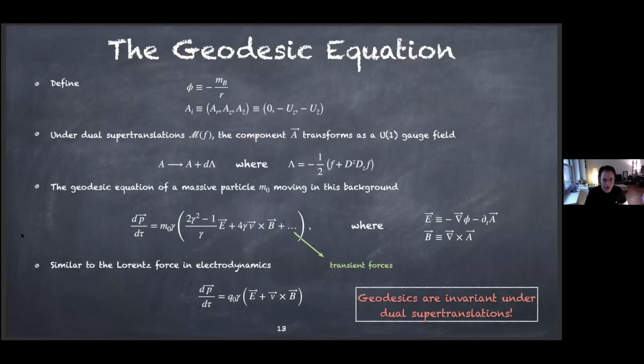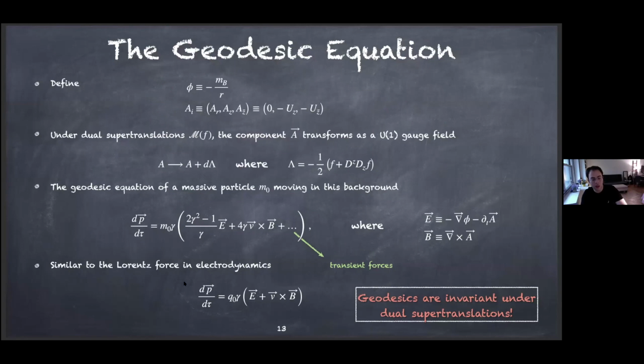I'm running out of time, so I don't want to go into details here. The bottom line is that geodesics are invariant under dual supertranslations, as opposed to diffeomorphisms and supertranslations, under which geodesics transform covariantly. Here instead they are invariant, not just covariant.